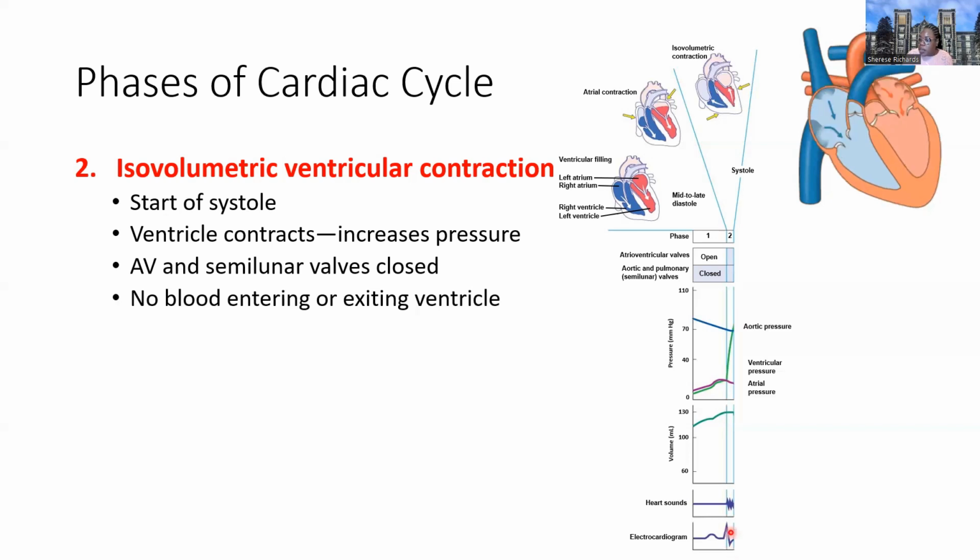This is when the ventricles begin contracting. Then we have the atrial pressure still dropping off because the AV valves are closed, so there's not much change in the atrial pressure. And the volume here is steady. Notice that there's no change in the volume in phase two because none of the valves are open. If none of the valves are open, blood isn't moving anywhere, so volume stays the same.